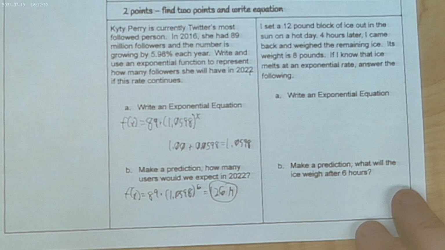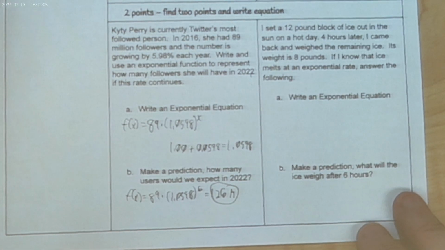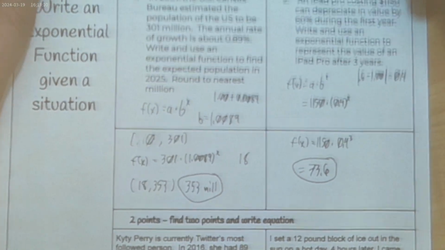Like I said, the best thing to start with in these problems is time. If you're given a dimension of time and then another piece of information to track, it screams initial value to me, but it depends on how the problem is written. Eventually you're going to see a lot of the same problems over and over again. For example, the Census Bureau population one had the same thing as the TikTok one.